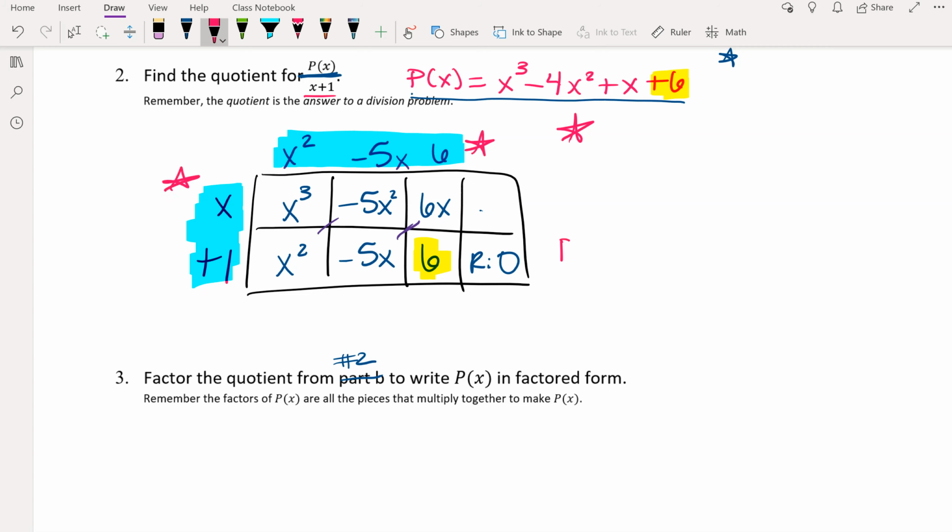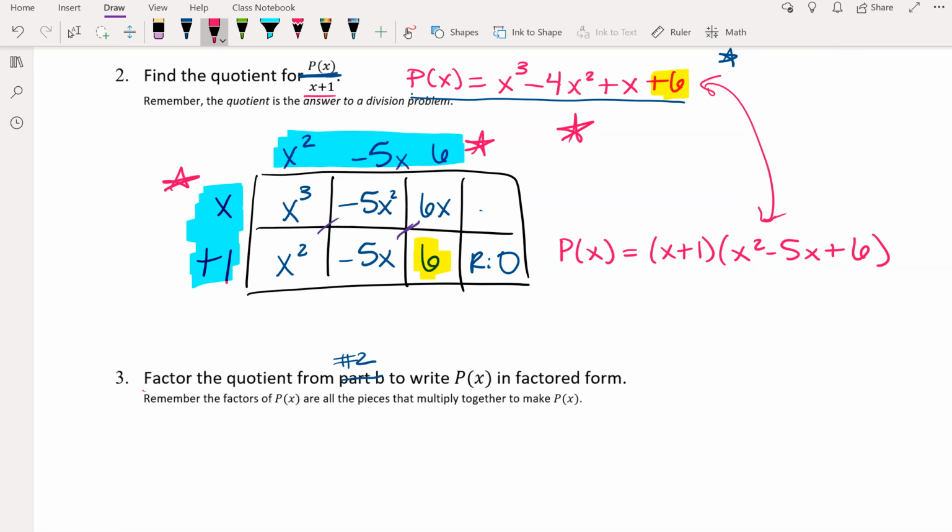So let's write it like that really quick. P of x equals x plus 1 and x squared minus 5x plus 6, because that was the answer on top to our division problem. If you multiplied these two things, you would get the inside of the box that we have right here, and it would equal p of x. Crazy, right? Okay, so these two things in pink are equivalent. They are the same thing.